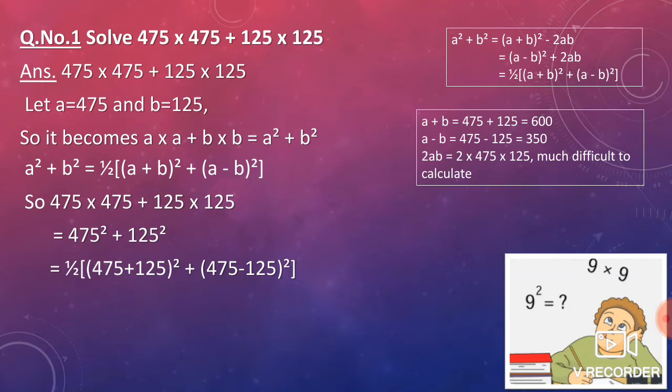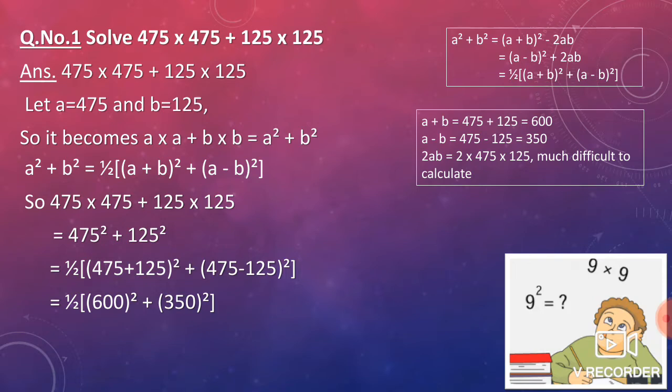You already know the answers are 600 and 350, so it becomes half of 600 square plus 350 square.